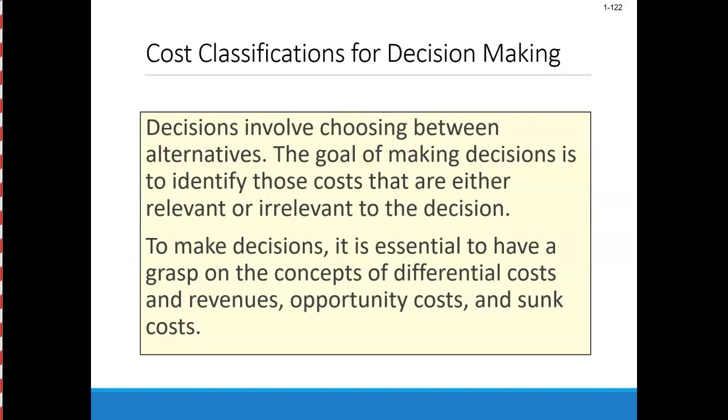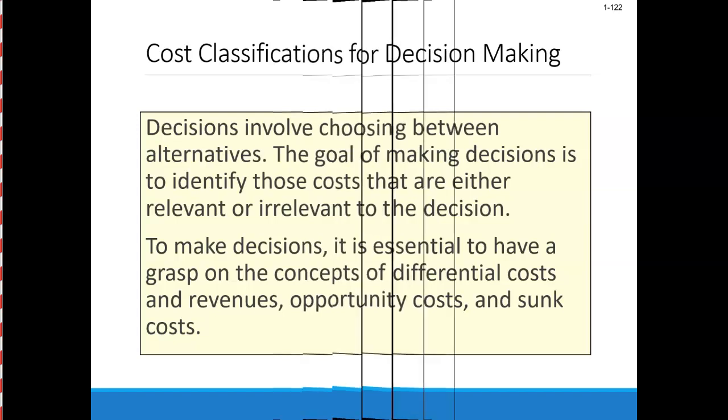Decisions involve choosing between options. The goal of making decisions is to identify those costs that are either relevant or irrelevant to the decision. To make decisions, it's essential to have a grasp on the concepts of differential costs and revenues, opportunity costs, and then things called sunk costs.